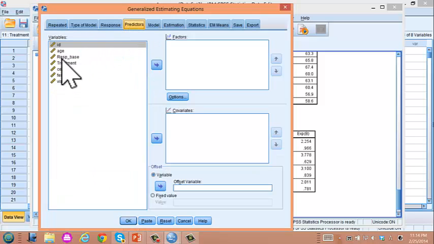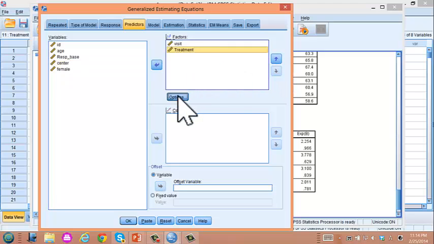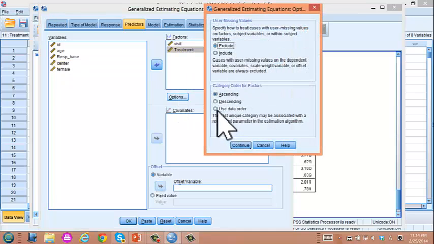For the predictors, we put the visit under factors. We first consider visit as a categorical variable, and the treatment also under factors. Then here we need to specify descending order. In this case, treatment 0 would be the reference category, and visit 1 the reference category.